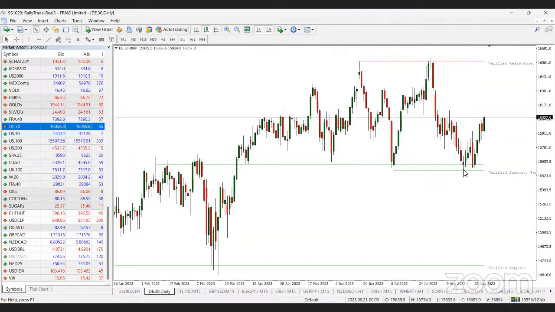From this verified support with this hammer and these 3 white horses, we call this one 3 white horses. Remember, we talked about 3 black crows. 3 black crows is 3 bearish candles from a resistance, but 3 white horses is 3 bullish candles from a support. From here, price has been able to push up, and price is currently at a strong resistance.